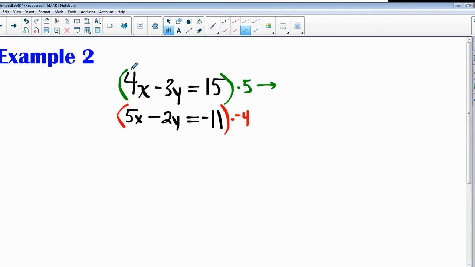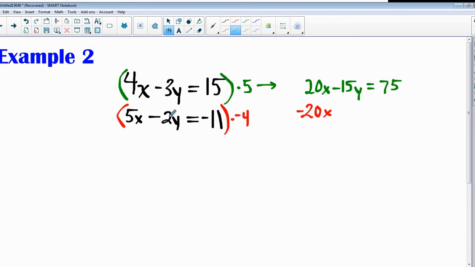And then I can just add the equations. So let's see. Distributing this 5, we'll get 20x minus 15y equals 15 times 5 is 75. All right, the red equation here, that's going to be -20, like we said at the first.